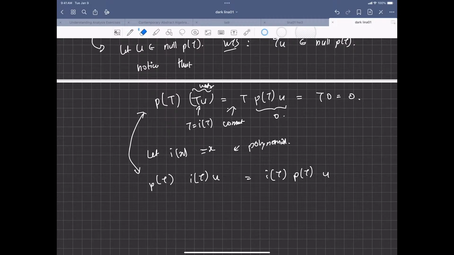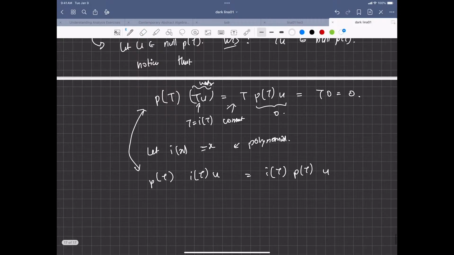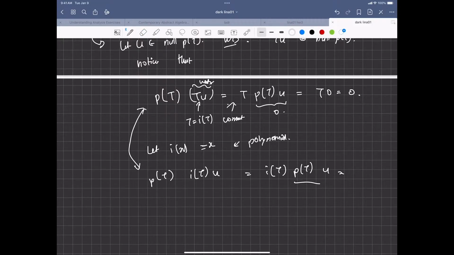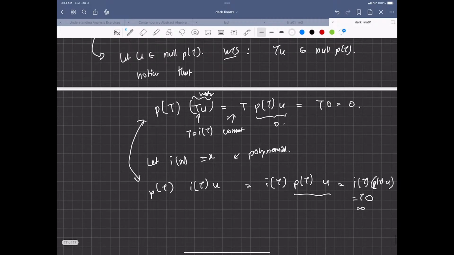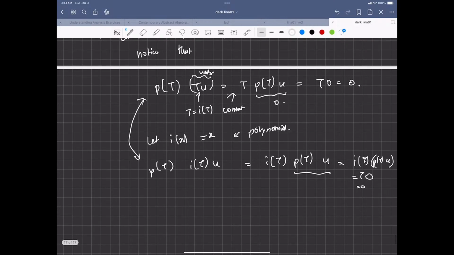So P of T times T of u equals I of T, P of T, u, where we commute them around, and then we apply this map first. And this here is 0, so it's 0. So what has this told us?